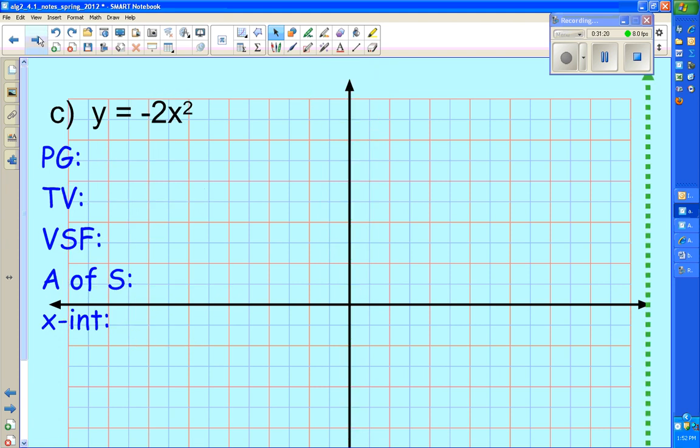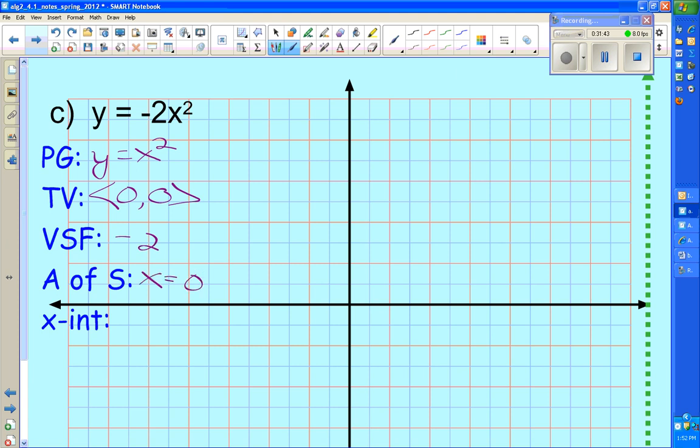Okay? What's going to happen to this graph? Go down. Okay, let's do this one together. What's the parent graph? Y equals x squared. What's the translation vector? 0, 0. All three of these 0, 0. But the vertical stretch factor is now negative 2. Axis of symmetry is still x equals 0.